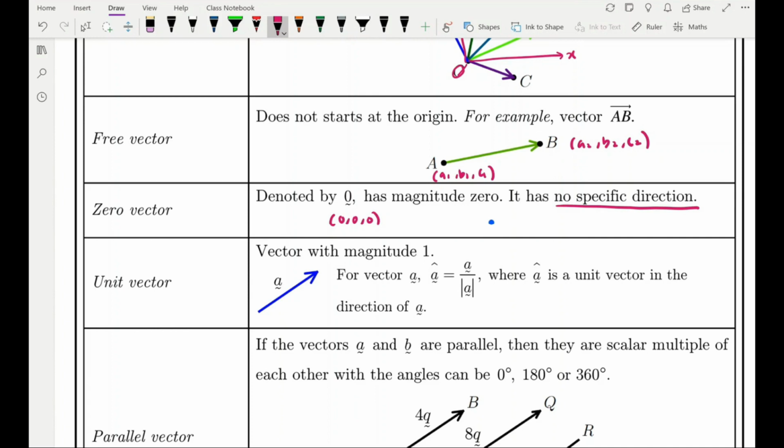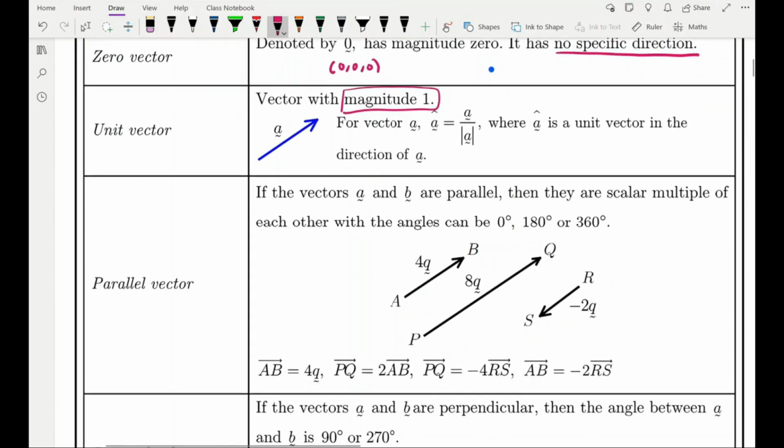And then next we have the unit vector, whose magnitude is 1. For unit vector A, we have vector A over magnitude A, where this is a unit vector in the direction of A.